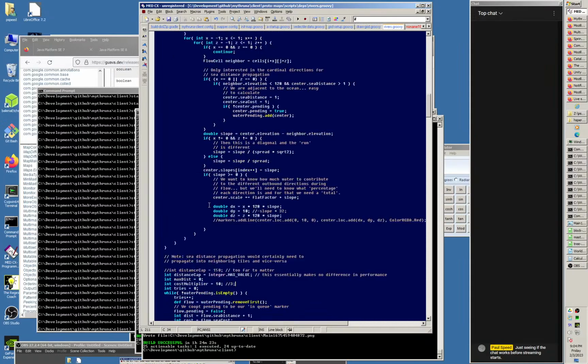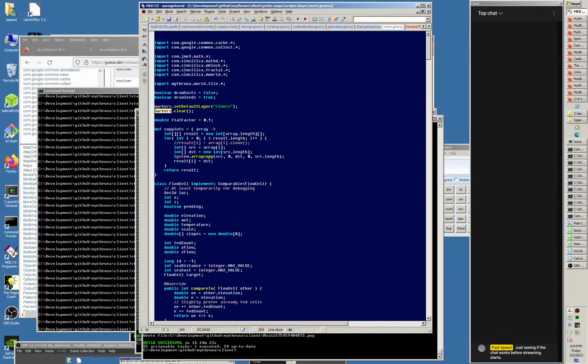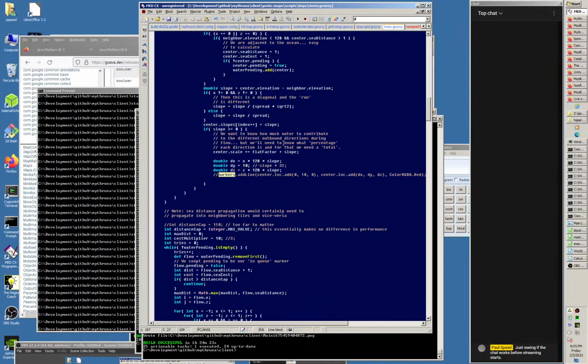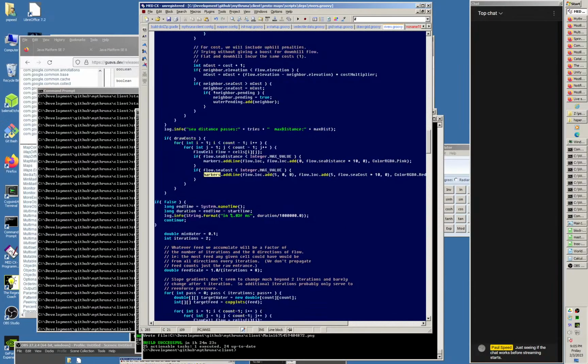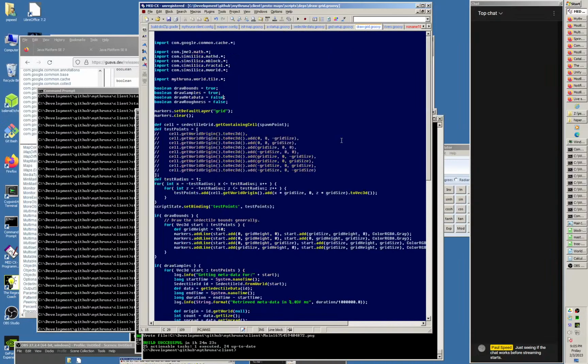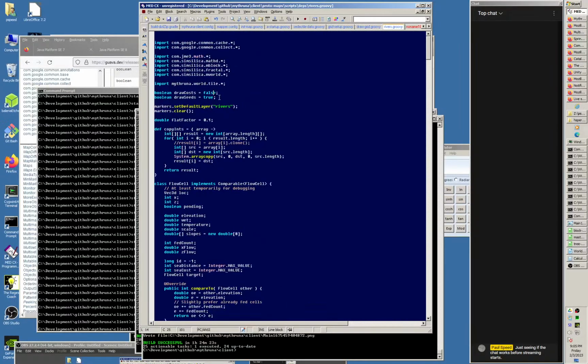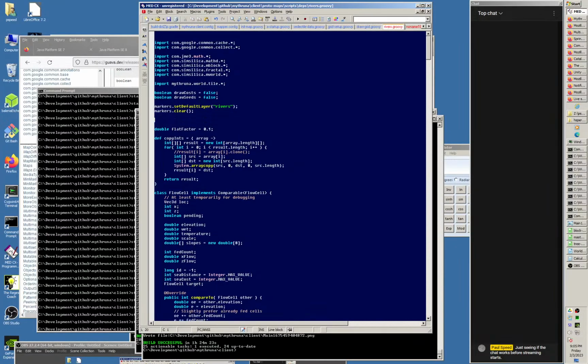So let me find where I add markers. The draw grids, yeah. Draw metadata, true. Draw the metadata, and over here, draw seeds, false. And for now, we'll just say if true, return.